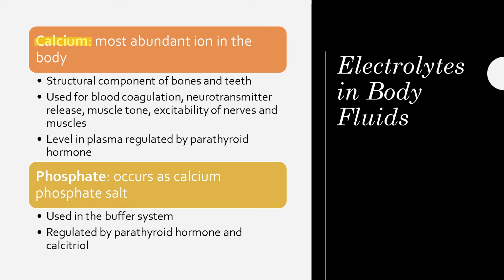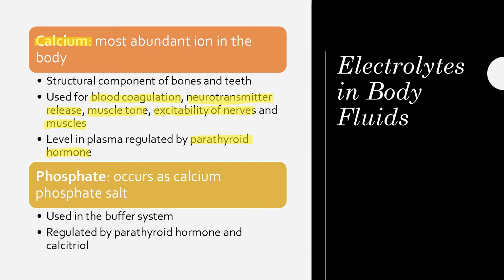About 98% of the calcium in adults is located in the skeleton and in the teeth. It's used for blood coagulation, for neurotransmitter release, even things like muscle tone and nerve excitability and muscle excitability. The most important regulator of calcium concentration in blood plasma is the parathyroid hormone, or PTH.